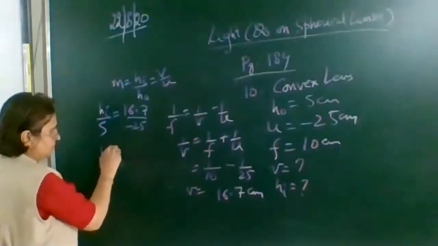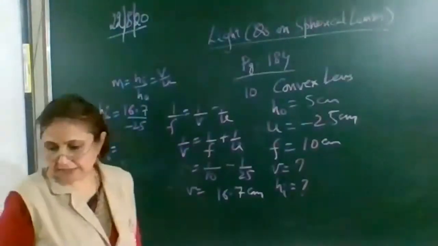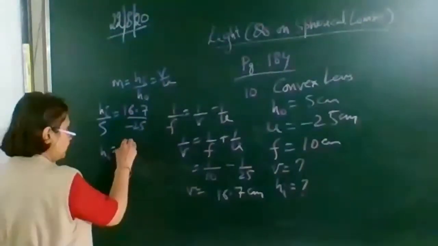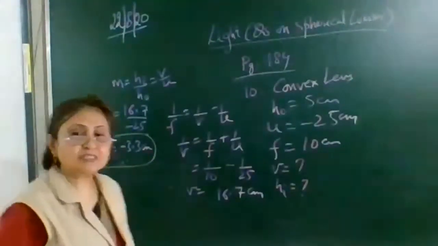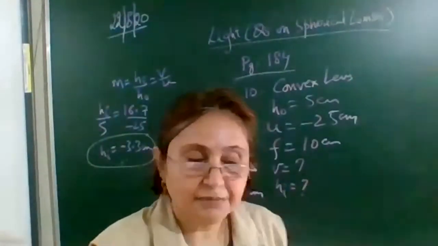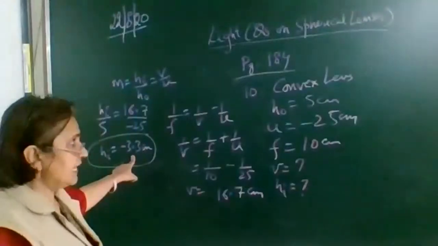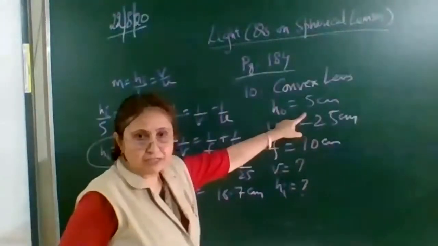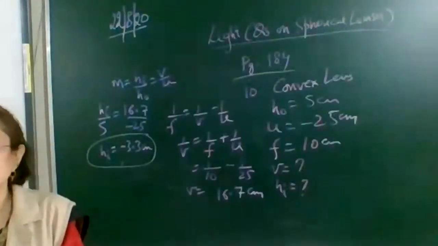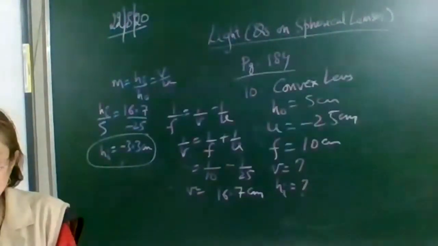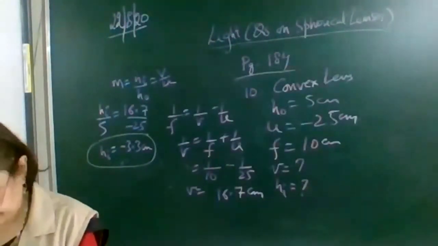So height of the image you will get it negative and the answer, on simplifying, you will get it as 3.3 centimeters. So the image is 3.3 centimeters, that is smaller than the object size. Now what is this negative sign indicating? The negative sign is indicating that the image is inverted.